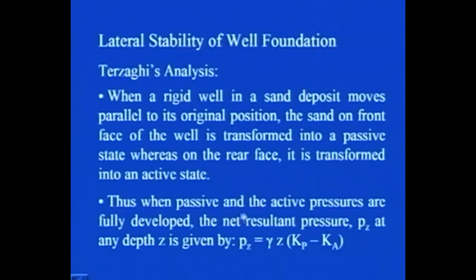Thus, when the passive and active pressures are fully developed, the net resultant pressure at any depth z, if I represent it by Pz, will be given by Pz is equal to gamma z (Kp minus Ka).